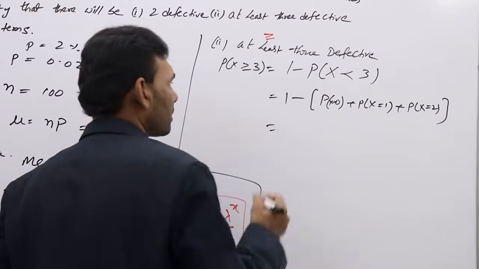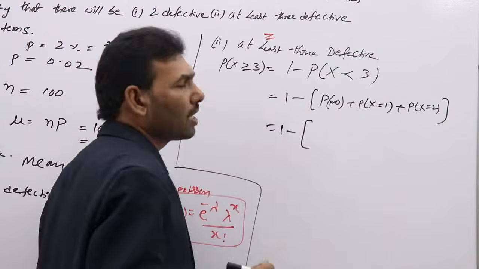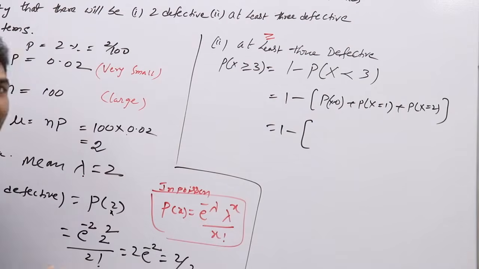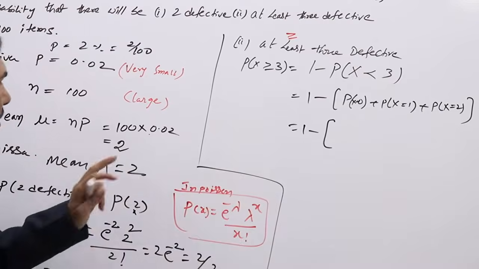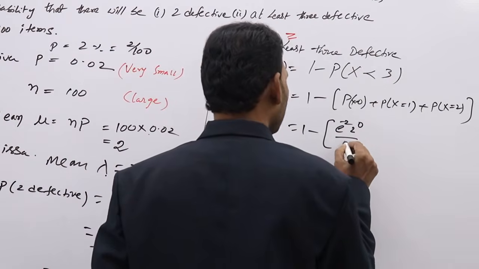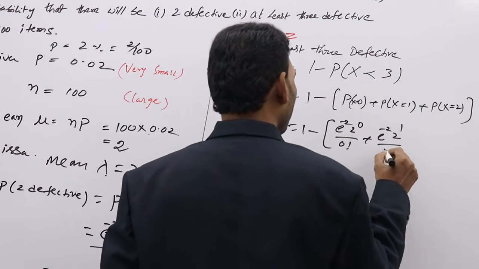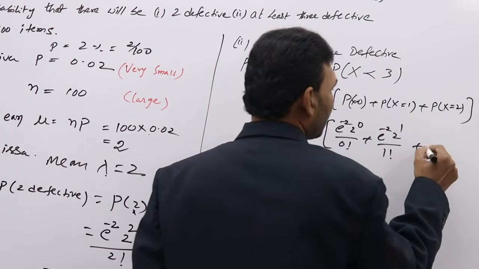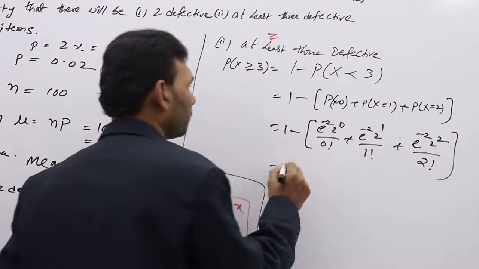So 3 cases. P of x equal to 0 means e power minus lambda into lambda power 0. In this formula, write 0 in the place of x, and 2 in the place of lambda. So what will you get? e power minus 2 into 2 power 0 by 0 factorial, e power minus 2 into 2 power 1 by 1 factorial, e power minus 2 into 2 square by 2 factorial.